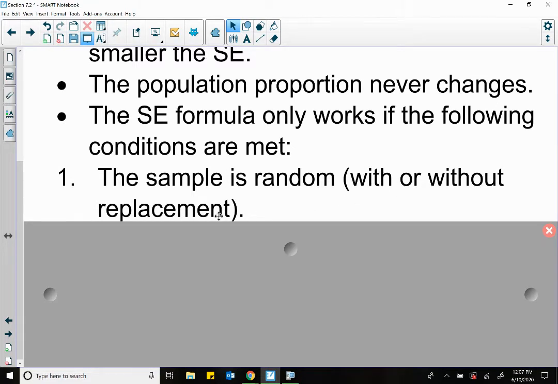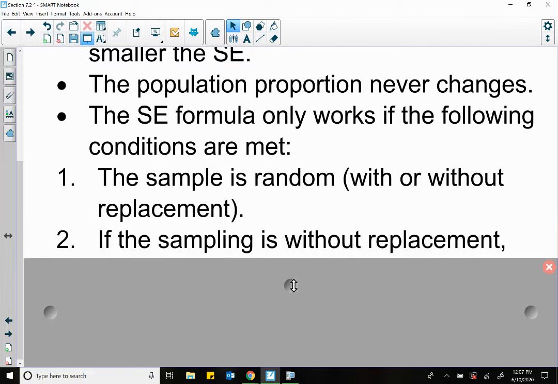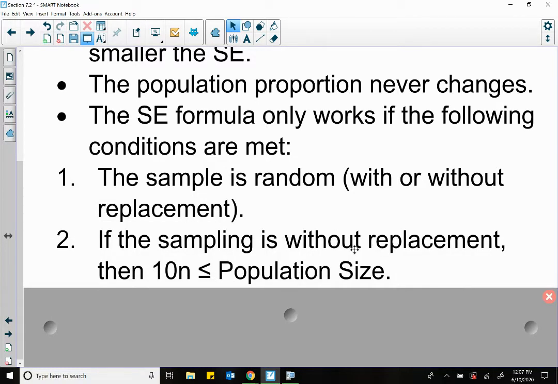But it's okay with. And then the second condition, because most of the time we're going to be doing without replacement, we need to make sure that the population size is huge. In other words, the population size must be bigger than 10 times the sample size. So whatever our sample size is, multiply it by 10, and as long as your population is bigger than that number or equal to it, you're okay. We can run the standard error formula.